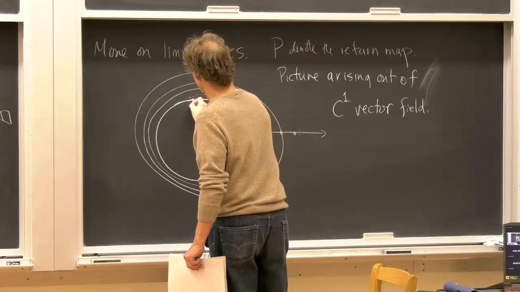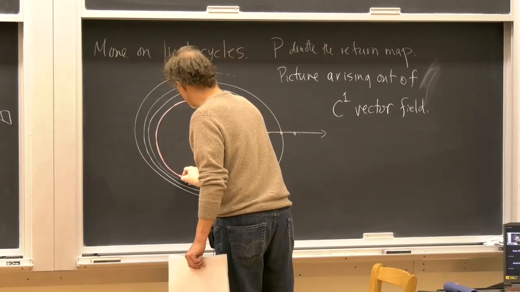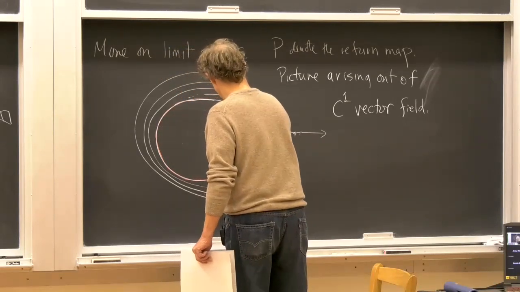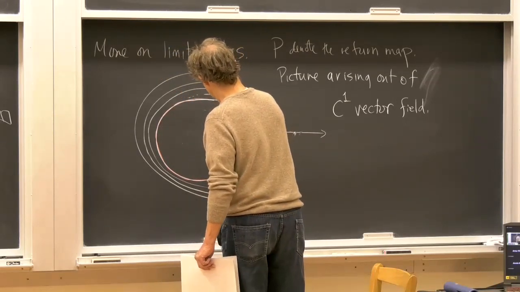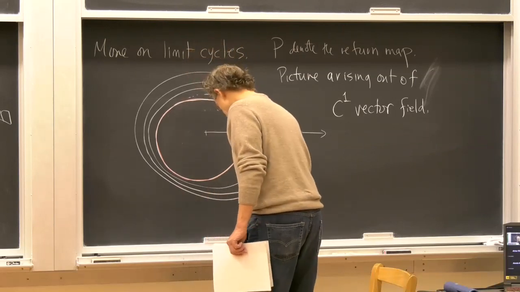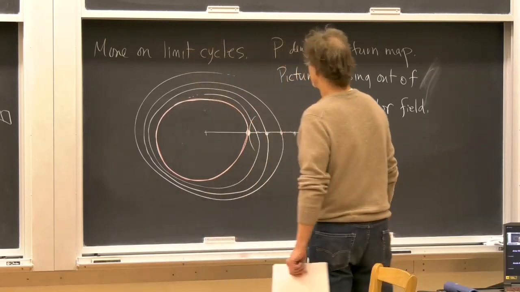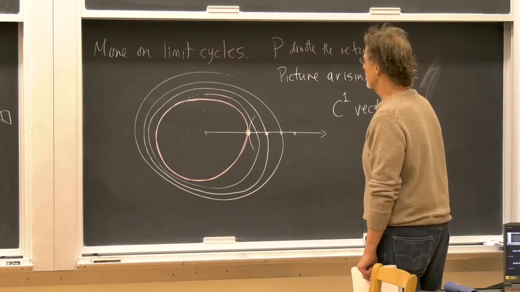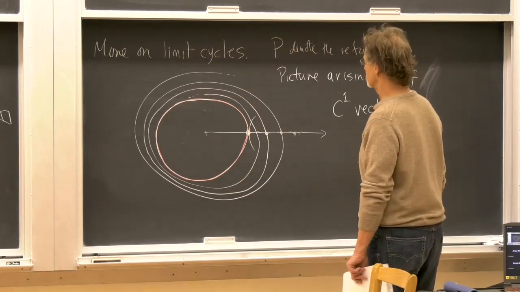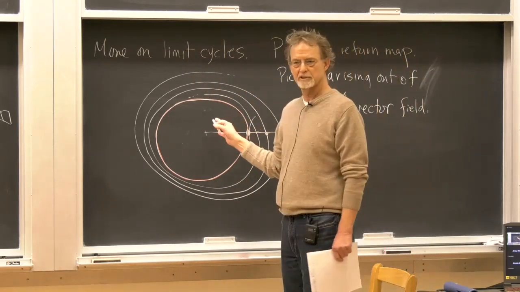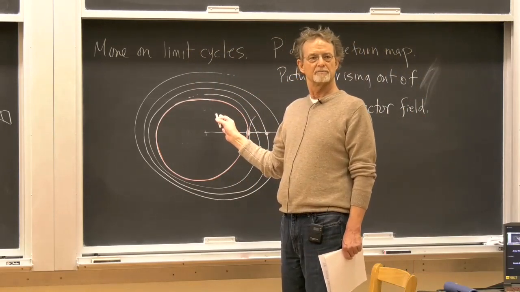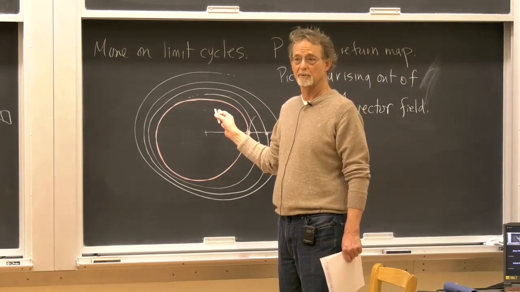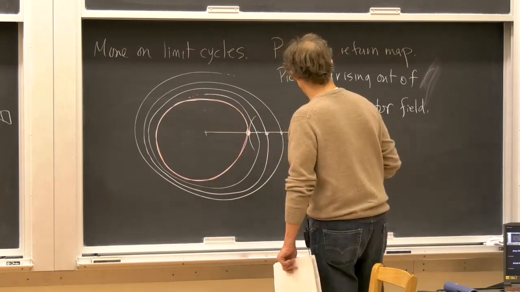Yeah, let's try to keep straight where we are here. So this is going to be the limit cycle here. Okay. Now, under any reasonable circumstances, we can parametrize this path. I mean, we know it's a trajectory, so we have to be able to parametrize it somehow.